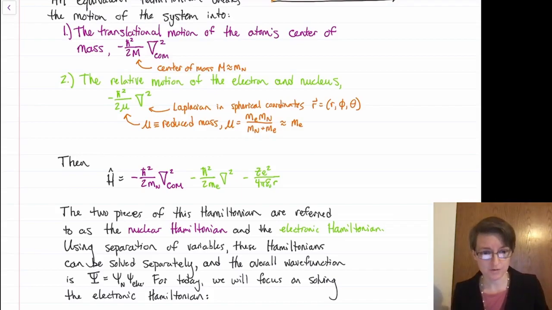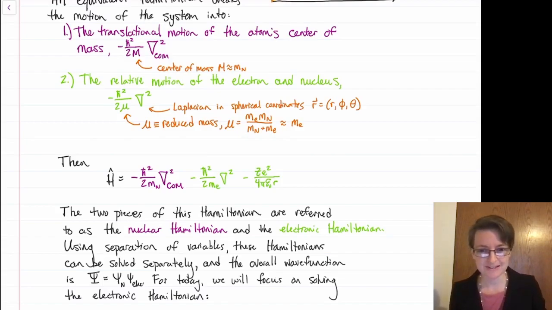And I'm not going to go over this, but using separation of variables, kind of analogous to what we've seen thus far in this class, because our Hamiltonian can be split into terms that depend on one variable at a time, so no products of our nuclear coordinates times our electronic coordinates, separation of variables works in this case, and our overall wave function for the entire system will be the wave function for the nucleus times the wave function for the electron.